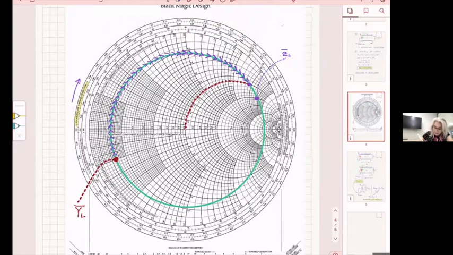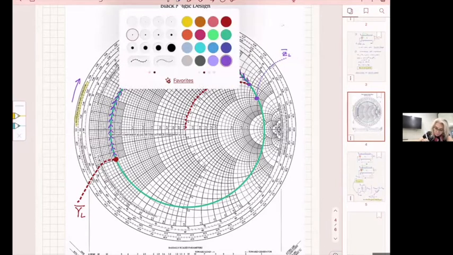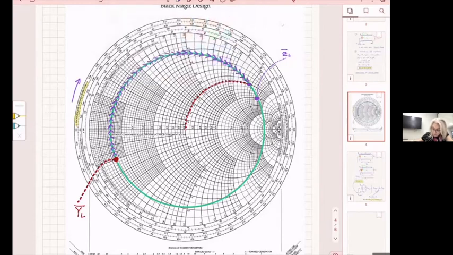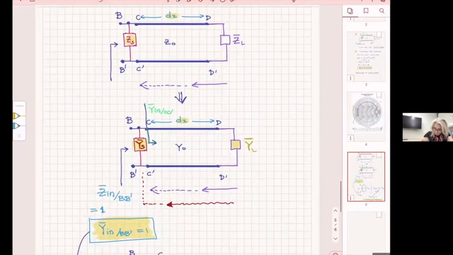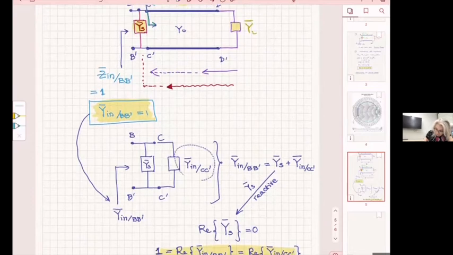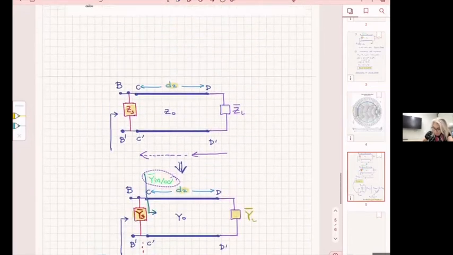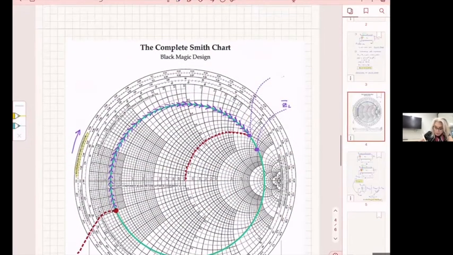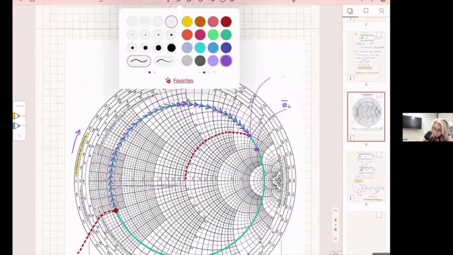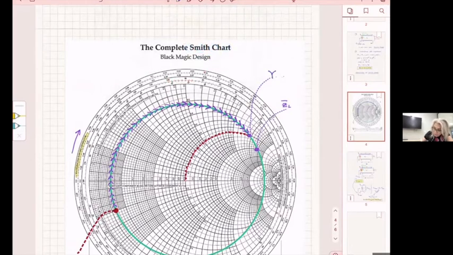So the point there, that point here, is my y, exactly this one. The point that I found here, this is y input at CC prime. So this is y input.